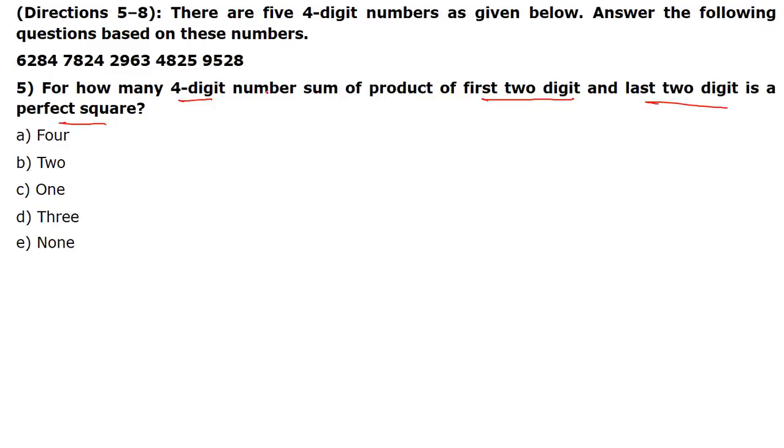We have to take the product of the first 2 digits, that is, the first digit into the second digit, and the product of the last 2 digits, this is the third and this is the fourth.